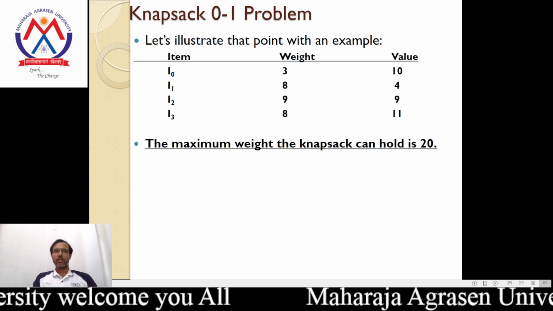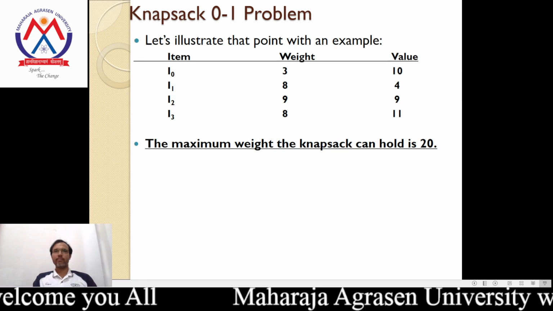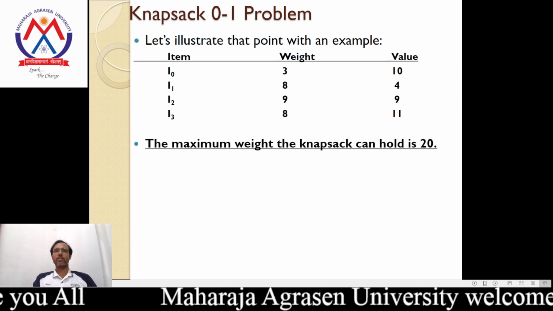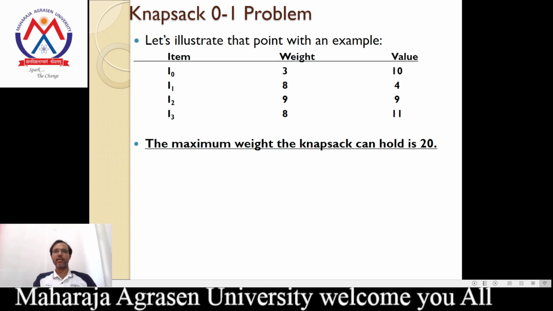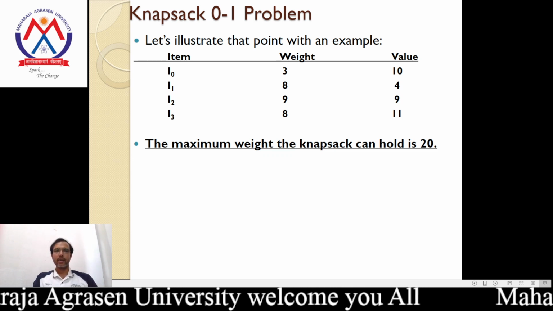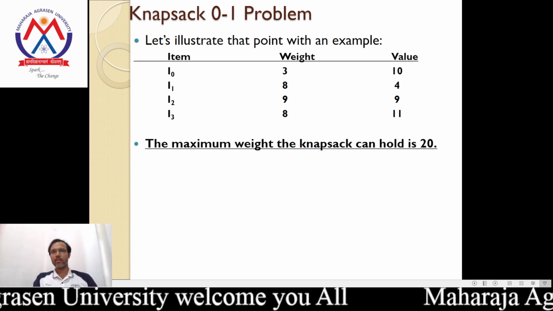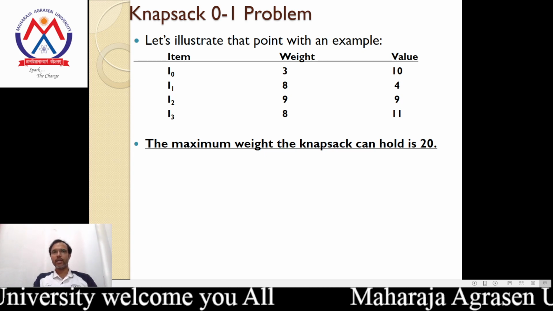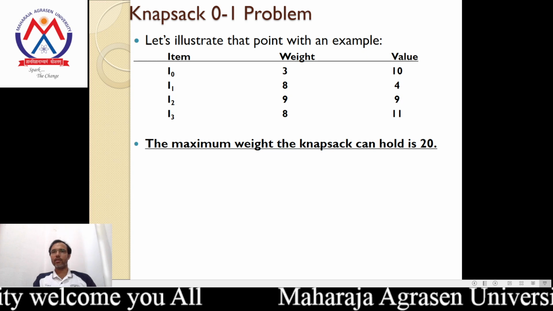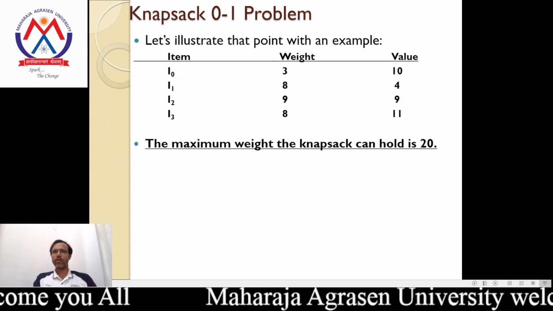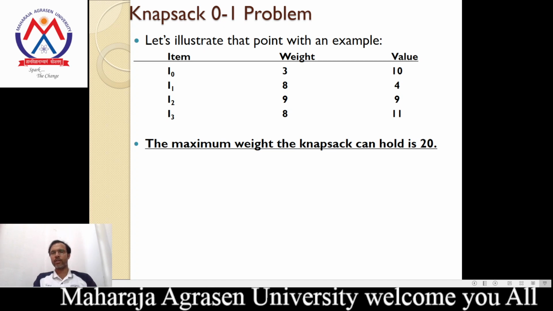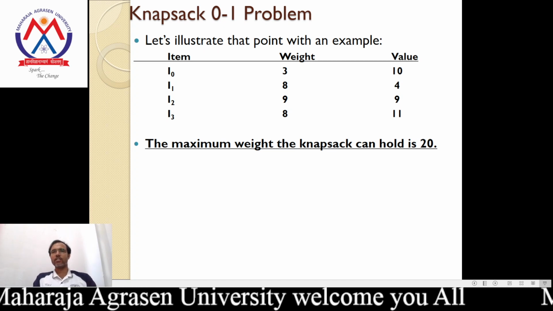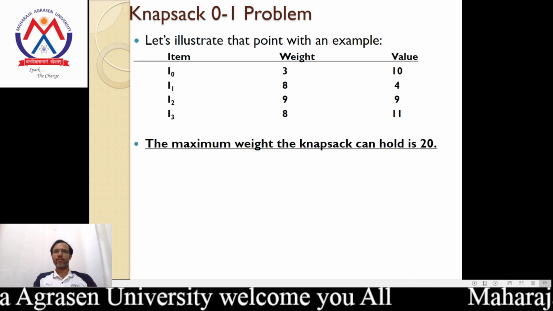Now we consider an example to solve the knapsack 0-1 problem. Let's illustrate that point with an example. We have selected the items I0, I1, I2 and I3. The weights are 3, 8, 9 and 8, and the values are 10, 4, 9, 11. The value is the profit of that weight, because we normally consider maximizing the profit according to the weight we have.